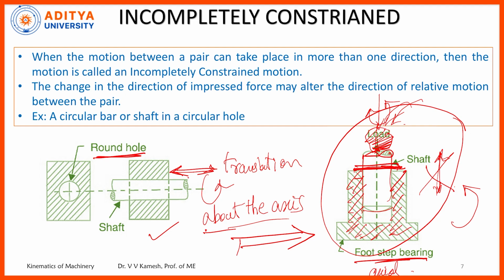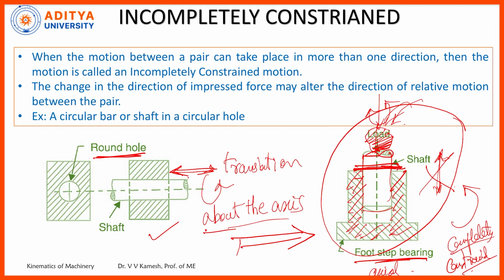Since it is applied in only one direction, it is actually completely constrained. Suppose I am writing it, okay, but this completely constrained is not by means of its own configuration, it is by means of your external application.